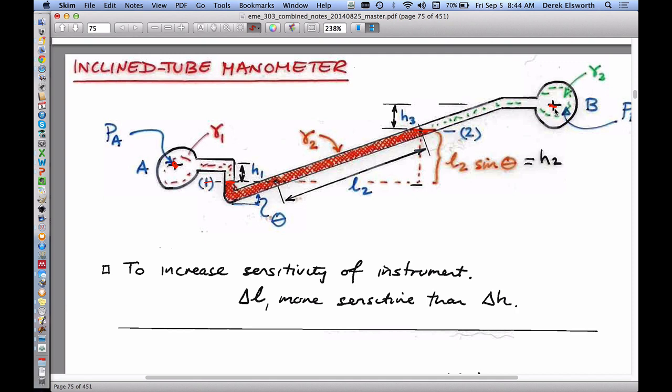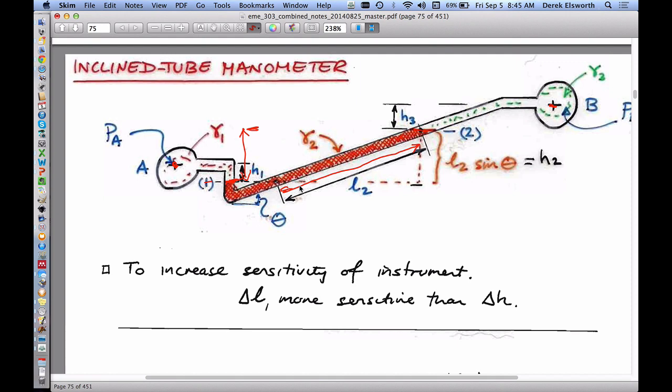One way to measure it more accurately is to lay the manometer down, so that instead of measuring this height difference, which in this case isn't small, you measure the length of the rise along this inclined component, which is certainly larger. Obviously, as this limb becomes flatter and flatter, it will become more and more resolved.